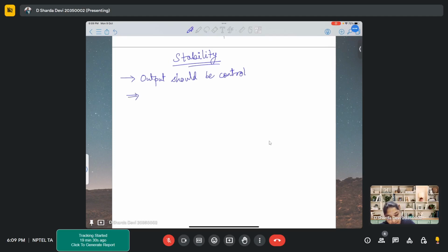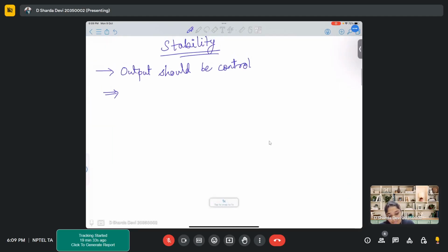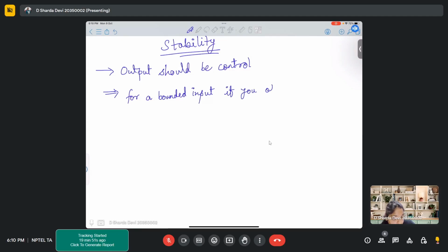So in very technical terms, how stability is explained is: for a bounded input, if you obtain a bounded output, then the circuit is stable. So this is what is known as stability.